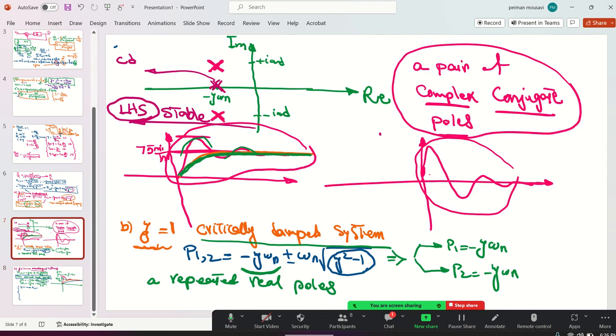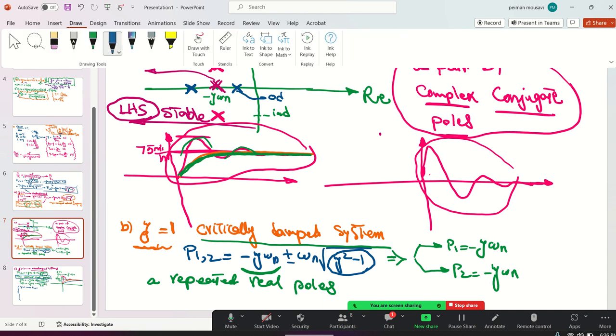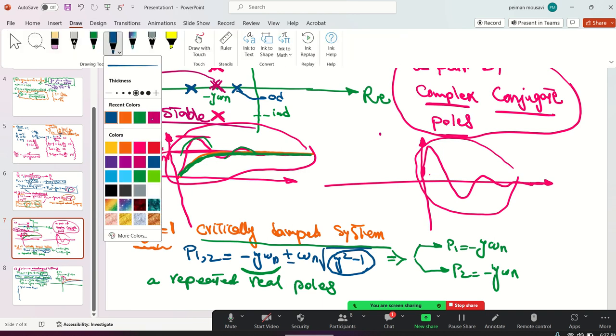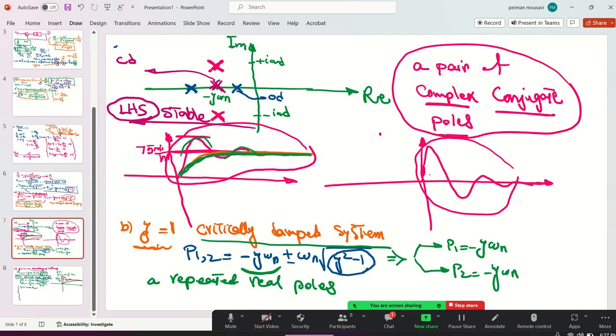So you're going to have two distinct real poles here and here. Here you go. This is for the overdamped system. This is critically damped. Let me change the color. And this complex conjugate pair is for underdamped, UD. But all of them are on the left-hand side. It's good. It says your system is stable.